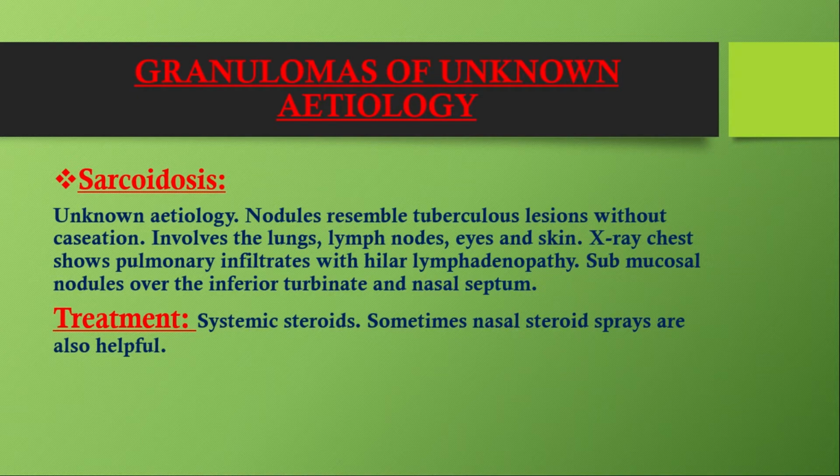X-ray chest shows pulmonary infiltrates with hilar lymphadenopathy, and submucosal nodules over the inferior turbinate and nasal septum occur in this kind of disease. Treatment of sarcoidosis is systemic steroids. Sometimes nasal steroid sprays are also helpful.